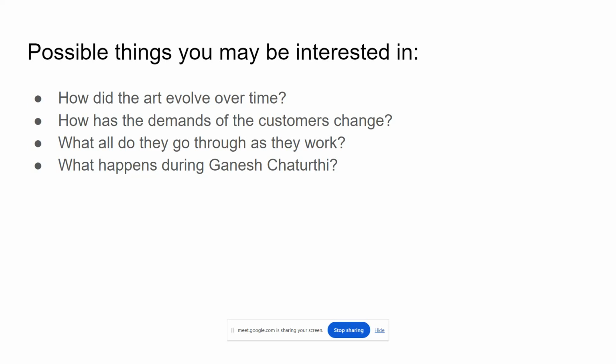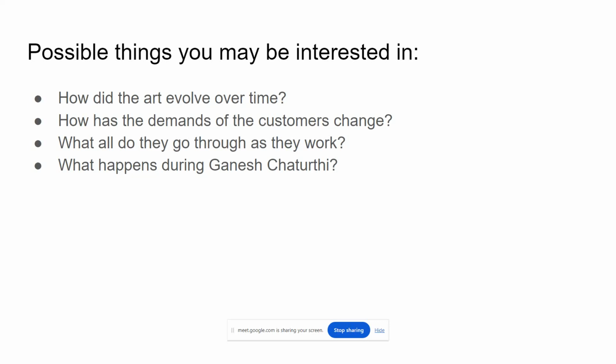They would just stay as brown, nice, beautiful idols, because they might not be that proficient in the art. Then moving forward, the next generation might have started coloring the idols. The next generation might have tried adorning the idols with more decorative items or things like that. So we might just be interested in knowing that.